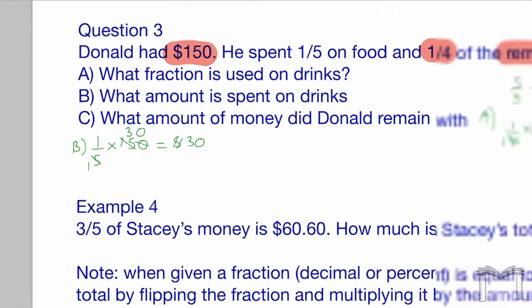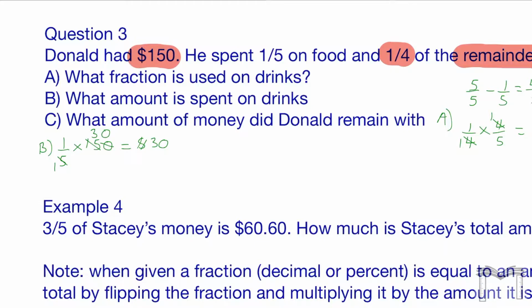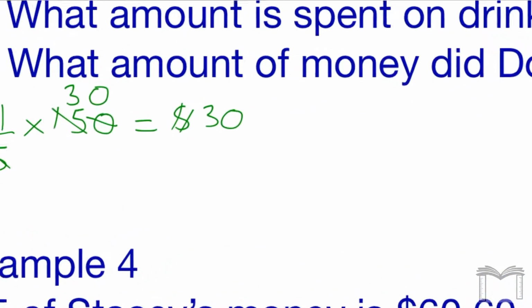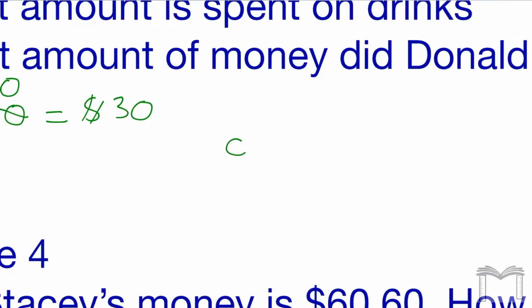Part C. What amount of money did Donald remain with? If 1/5 is $30, and he spent 1/5 on food and 1/5 on drinks, that's 30 and 30, a total of $60.